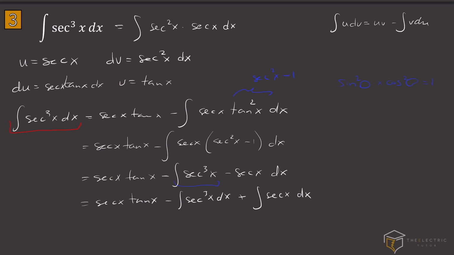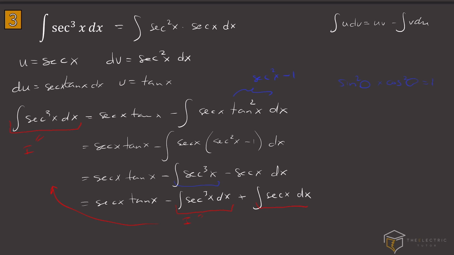And now we have two exact replicas. This is going to be I, right? It's going to be I. So I can take that I to the other side, which is going to give me a 2I, and then I can divide everything by 2, and I would have my result.